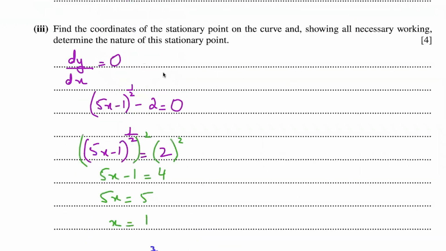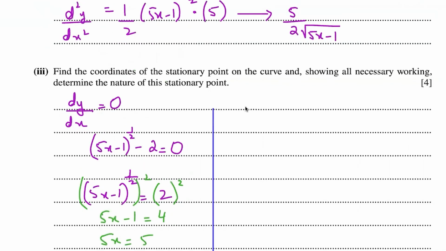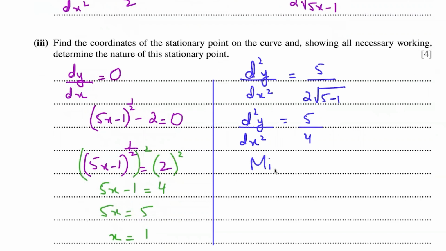Now to find the nature of the stationary point, we'll substitute x equals 1 into the double derivative that we found in the last part. So the value of the double derivative would be 5 over 2 square root of 5 minus 1. As this will give us a positive value, and if the double derivative is greater than 0, we know that this is a minimum point.